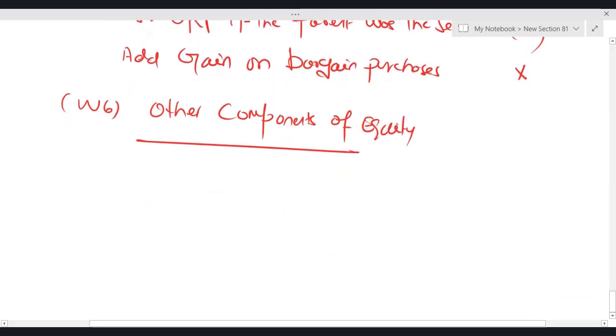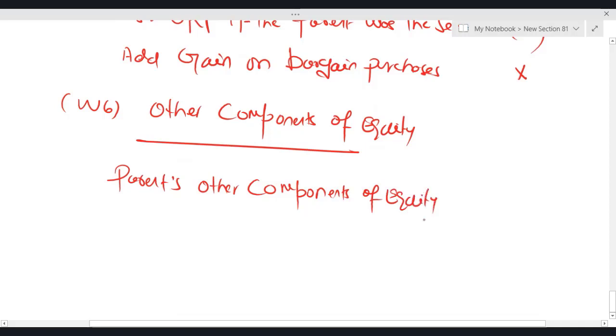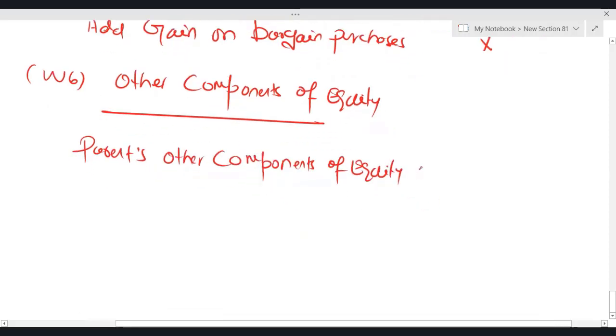First take the parent's other component of equity on the SOFP date.